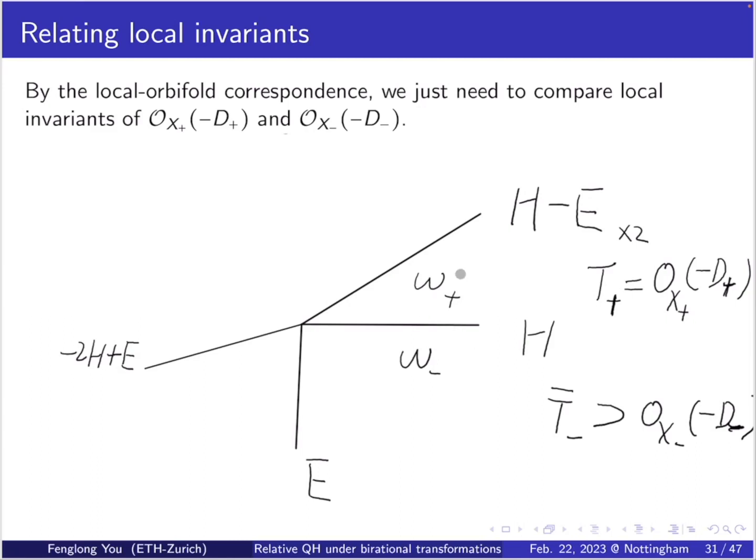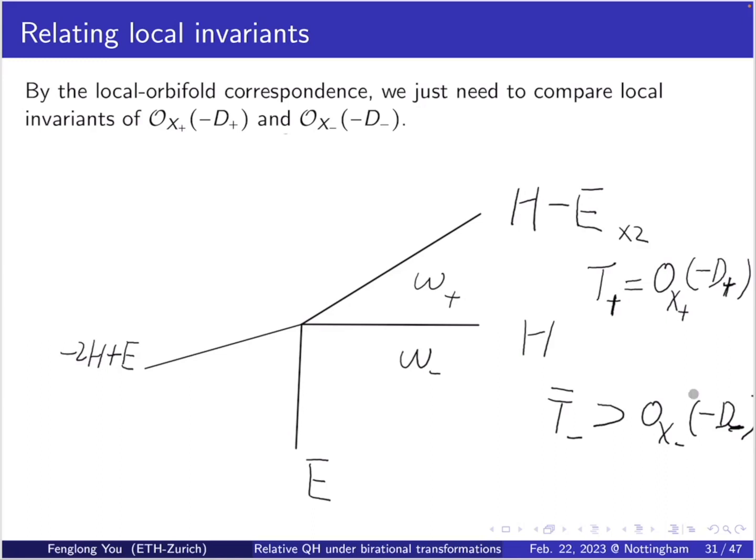So this is omega plus, omega minus. This omega plus gives the total space of the bundle O_X plus of minus D plus. And this omega minus does not give O_X minus of minus D minus. It gives another toric stack, which is called T minus bar, a partial compactification of this O_X minus of minus D minus.